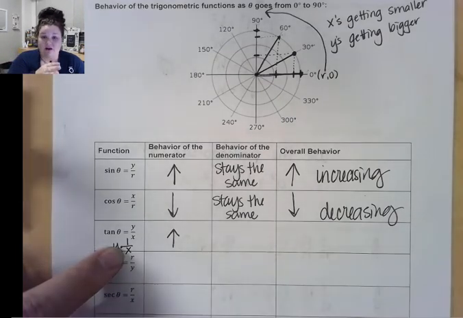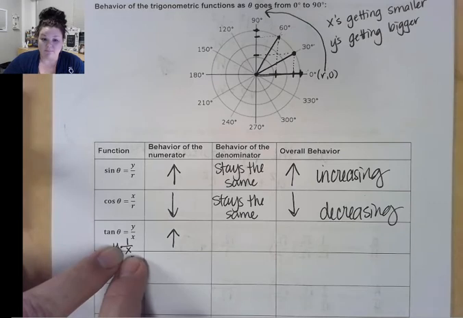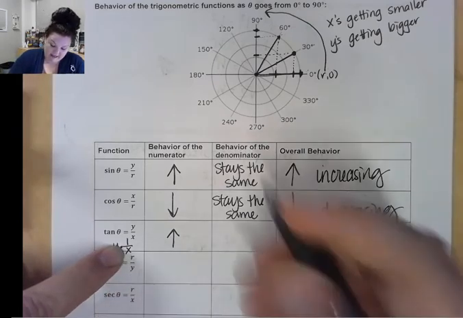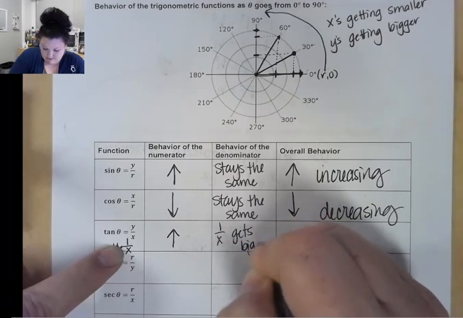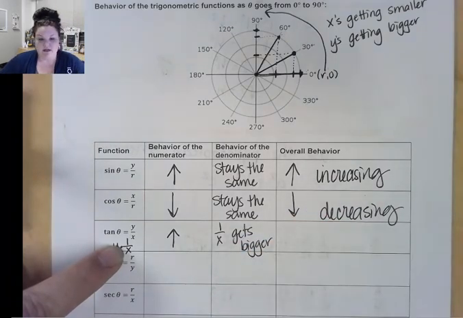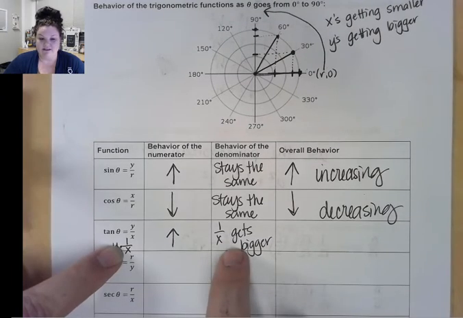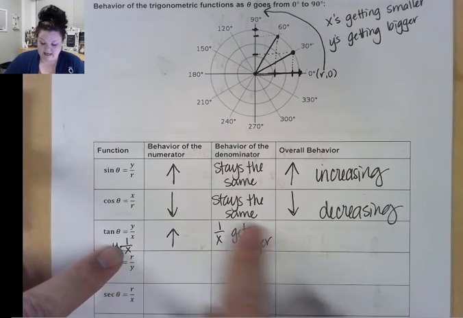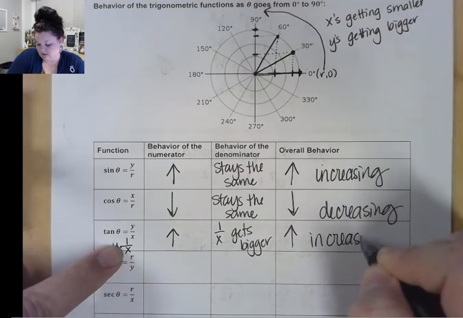If I keep going down, 1 over 5, 1 over 4, 1 over 3, 1/2, this value is getting bigger and bigger and bigger. So 1 over x gets bigger. Okay. So if I have something that's increasing times something that's getting bigger, the whole entire thing is going to be increasing.